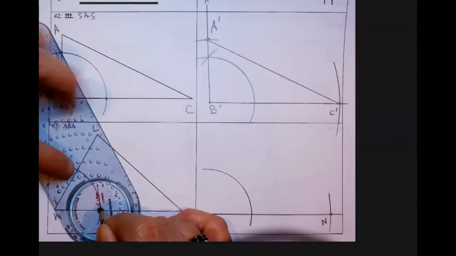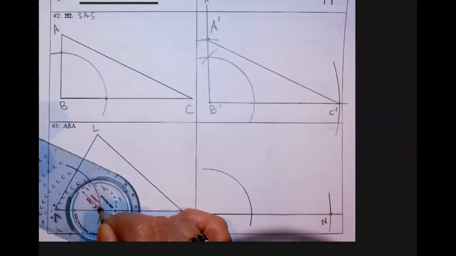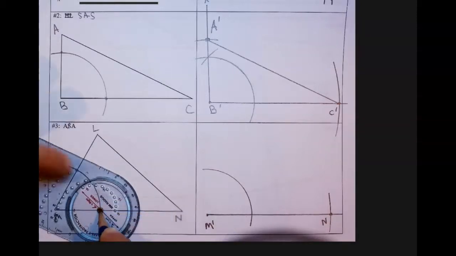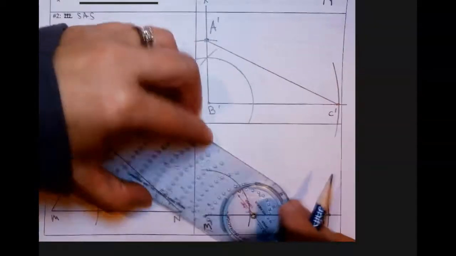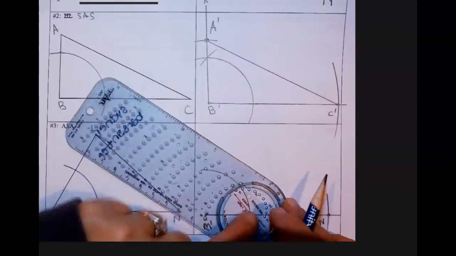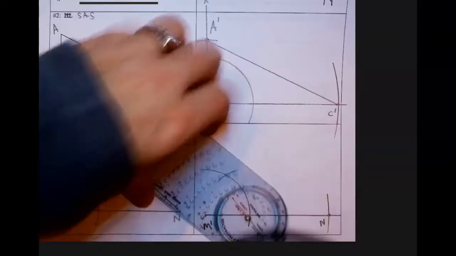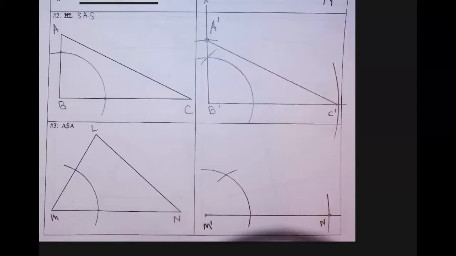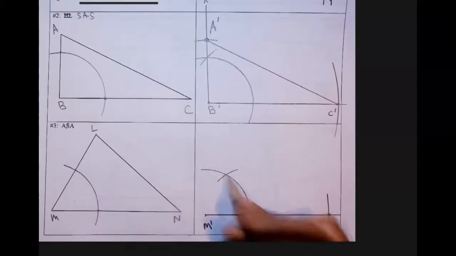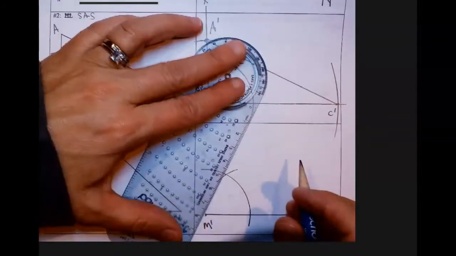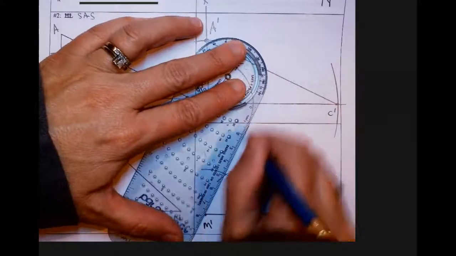Again, I'm looking for that point of intersection. Looks as though it is a 31. I'm going to take that measurement. 31. Again, I measured from here to here, it's 31. I placed it here to here, it's 31. So we're going to go ahead and draw in that ray.